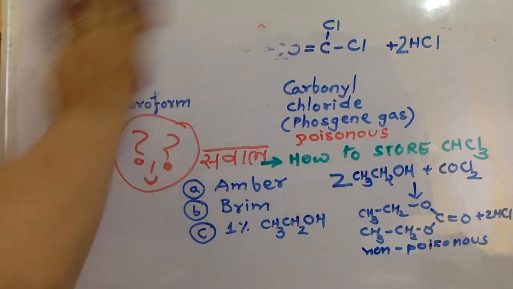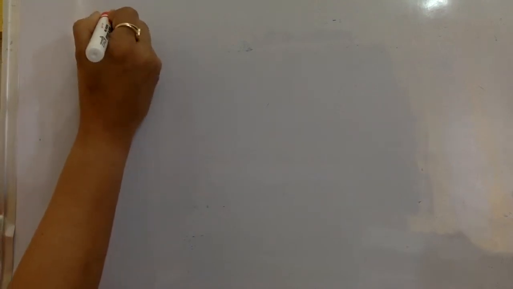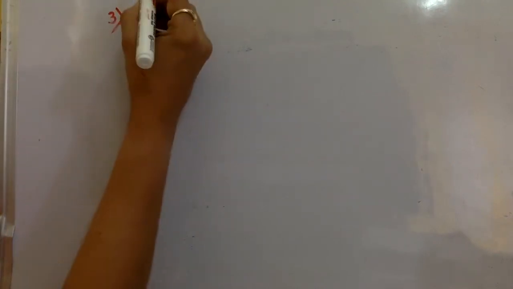And after oxidation, the easiest to learn is reduction. So let us see reduction of chloroform.